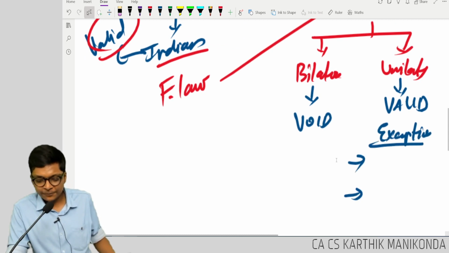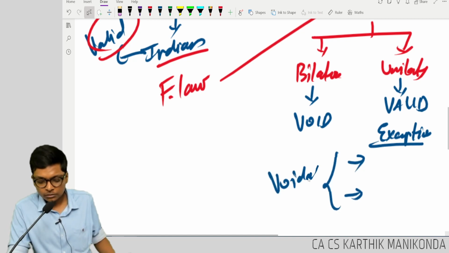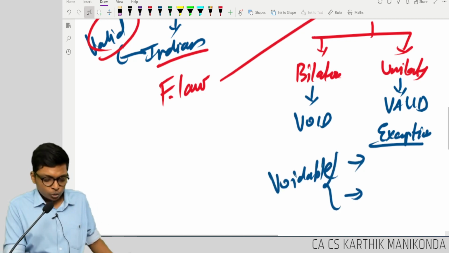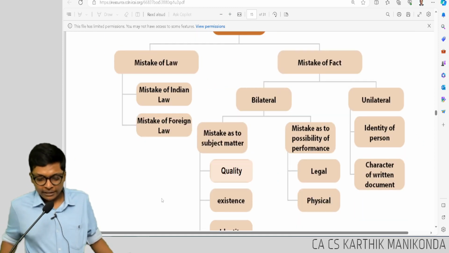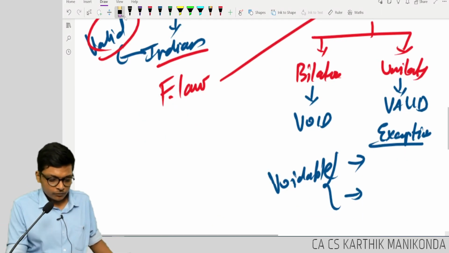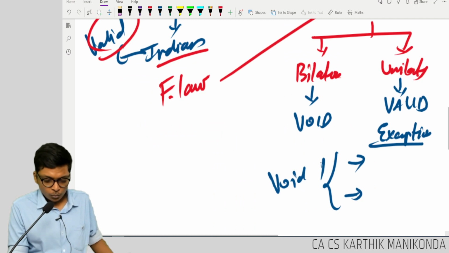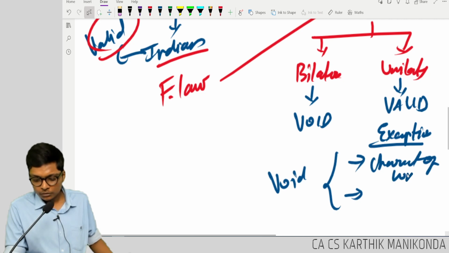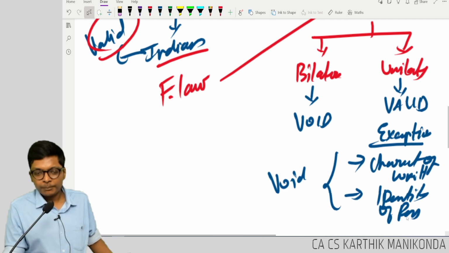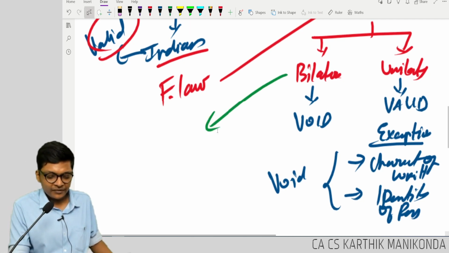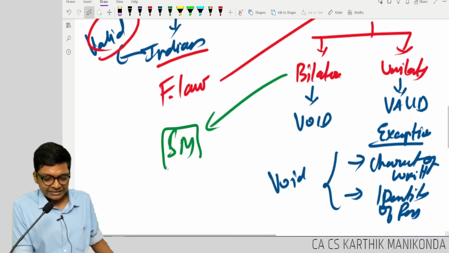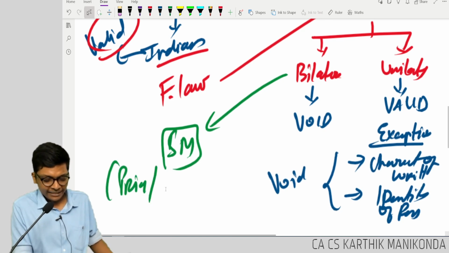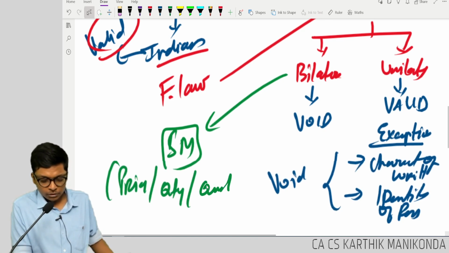In those two exceptions, the contract becomes void. What are they? Character of written document, identity of person, and under bilateral mistake we have mistake as to subject matter like price, quantity, quality, existence.